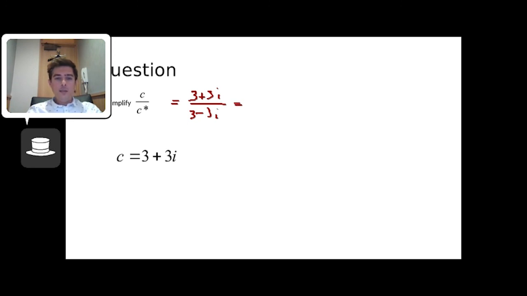Perhaps what I'd immediately do is get rid of all the 3's by factoring out the 3, so it's 3 times (1 plus i) divided by 3 times (1 minus i), and these 3's we can cancel out, which certainly simplifies it a bit.